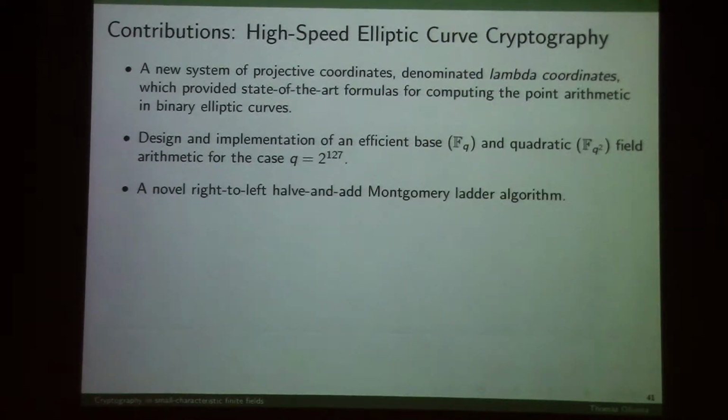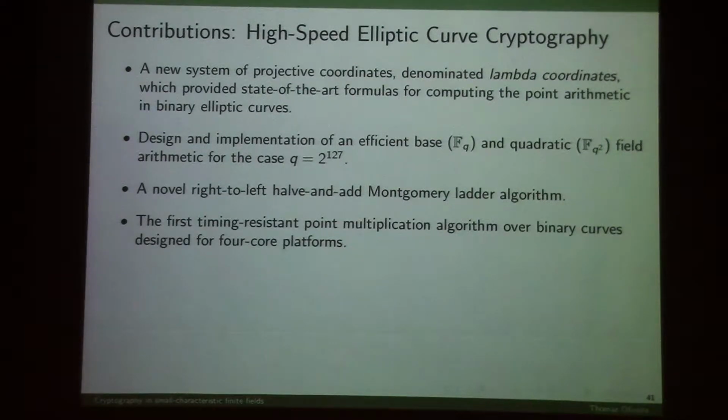And we designed a novel right-to-left halve-and-add Montgomery ladder algorithm, using this halve-and-add algorithm efficiently for the first time. And we generated for the first time time-resistant point multiplications for four-core. Until then, we only had this for prime curves. So we have it now for binary curves.